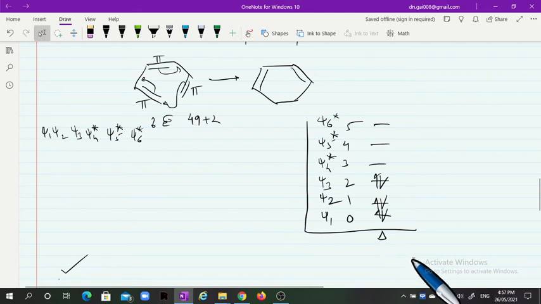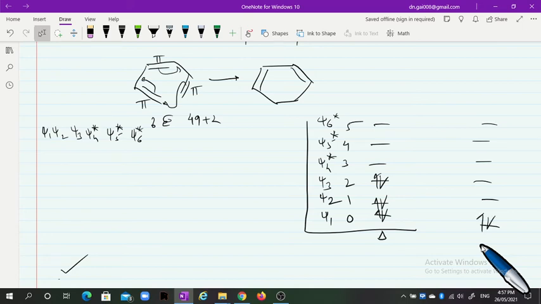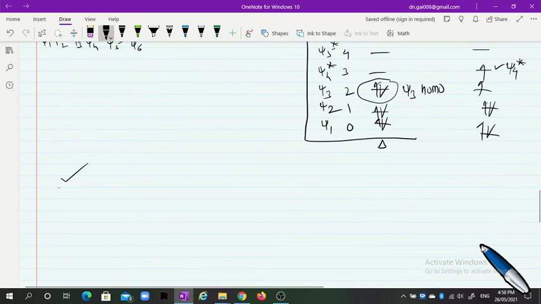Second is photochemically induced cyclization: two electrons fill the third, and one electron from the third gets excited. For the thermal condition, psi 3 is the HOMO, and for photochemical, psi 4 star is the HOMO.